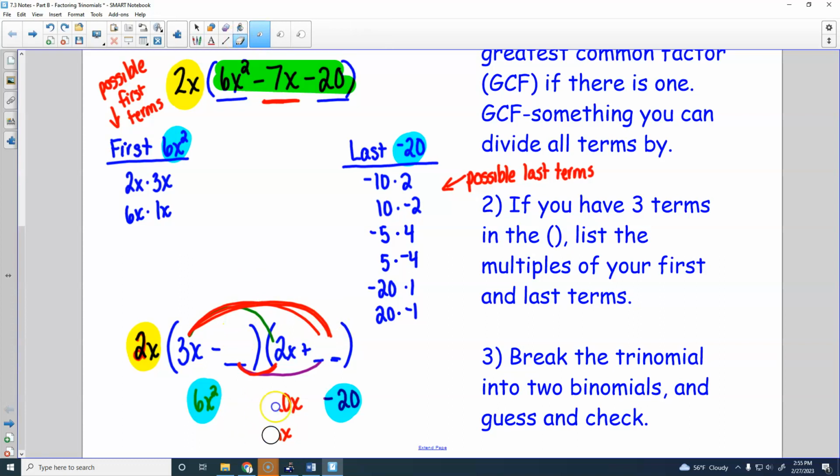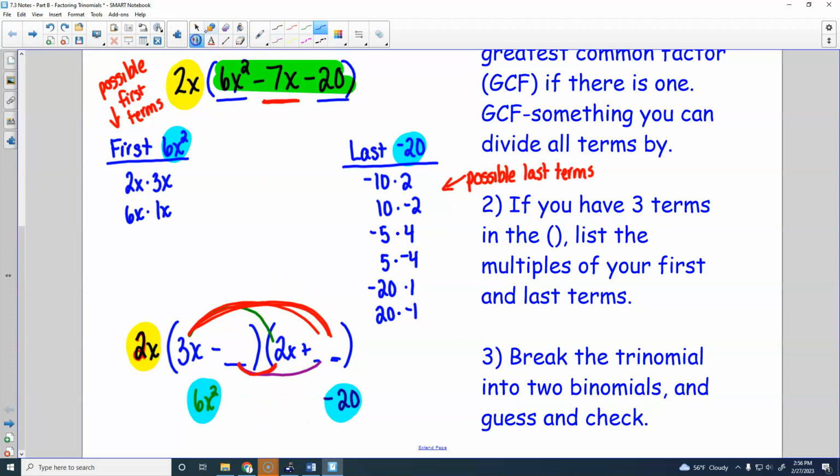All right, let's try 5 and 4. Okay, so that's going to give me a positive 12x and a negative 10x in the middle. That does not work. But don't give up. Don't switch your 5 and 4.